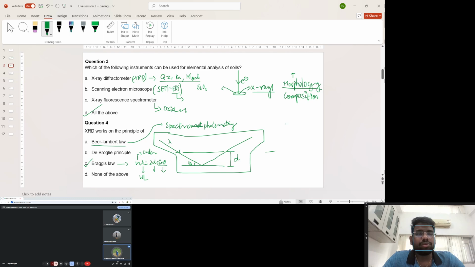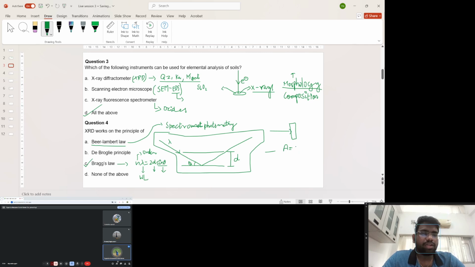When you keep a solution and pass light through it, the absorbance will vary based on the concentration of any particular material in the solution. Turbidity detection, sulfate detection, those are done by a spectrophotometer, which is essentially based on the principle of Beer-Lambert's law.